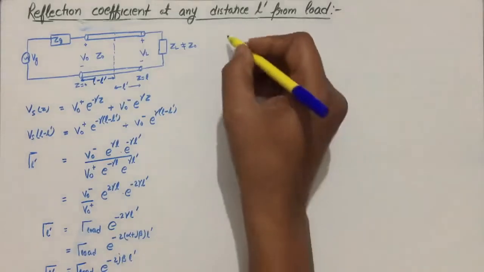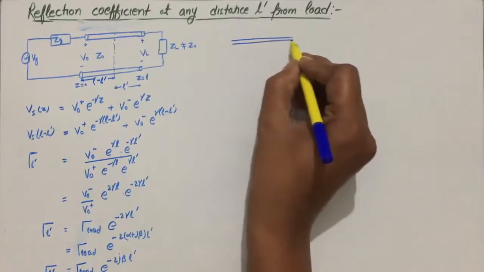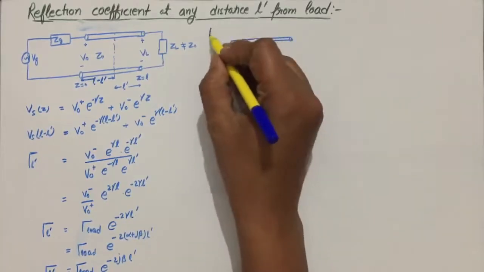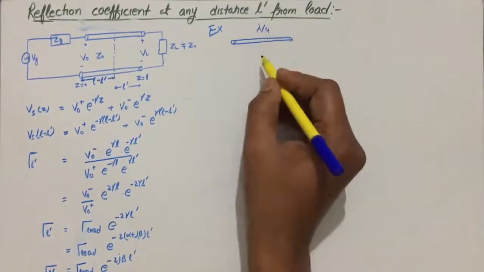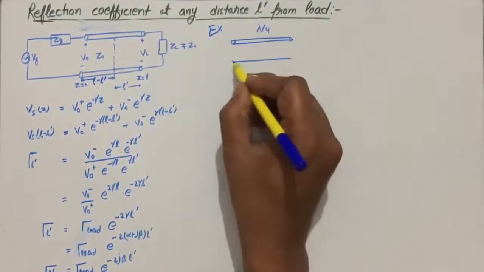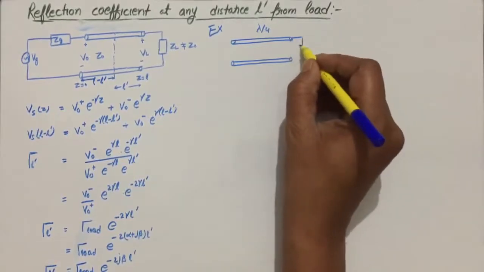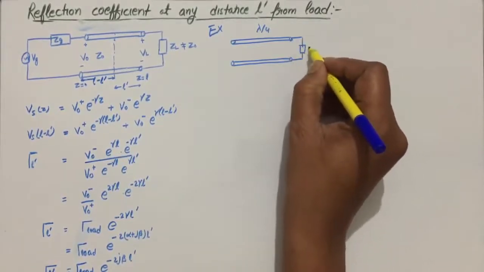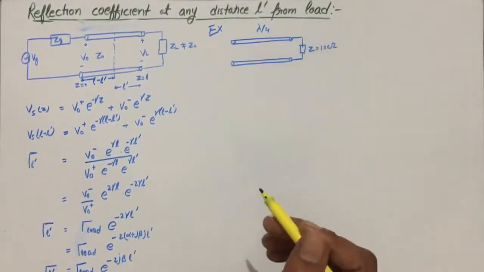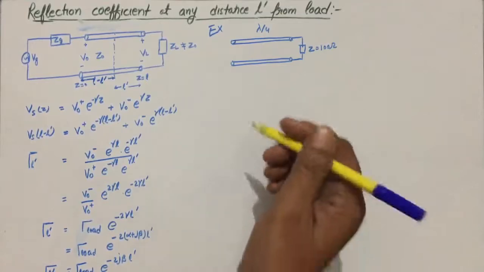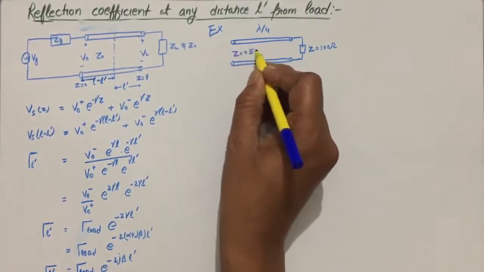So let us take an example: there is a line of length lambda by 4, and the load impedance is a real load of 100 ohm, and the characteristic impedance is 50 ohm.